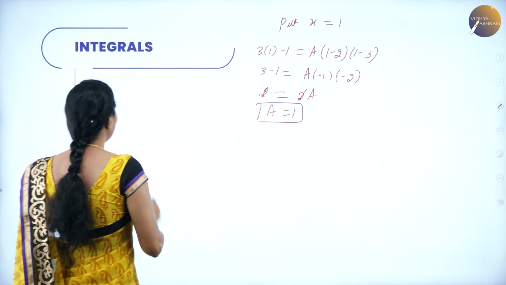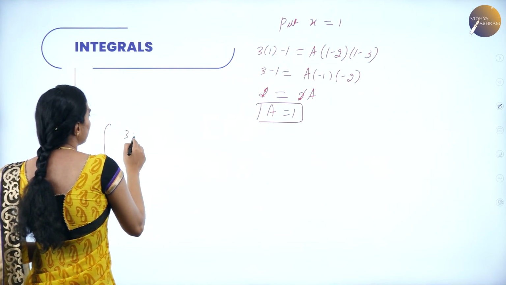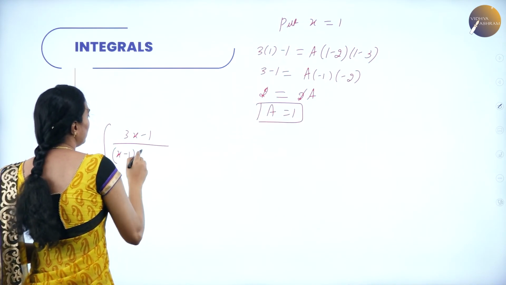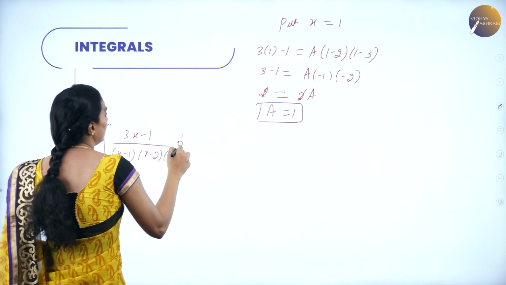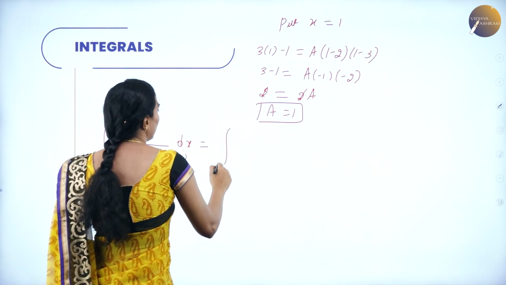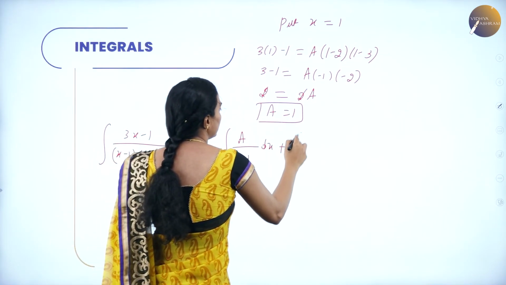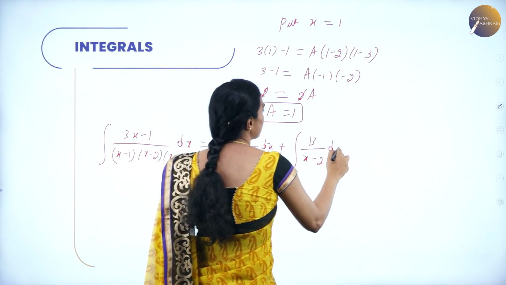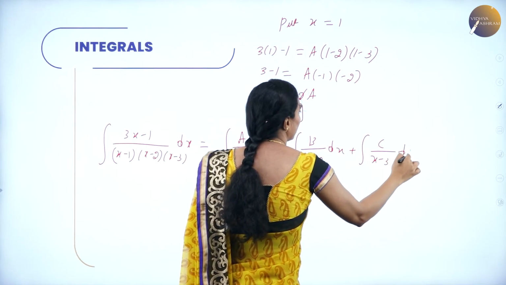So substituting here, integral of 3x minus 1 divided by x minus 1 into x minus 2 into x minus 3 into dx, you can have integral of a divided by x minus 1 into dx plus integral of b divided by x minus 2 into dx plus integral of c divided by x minus 3 into dx.